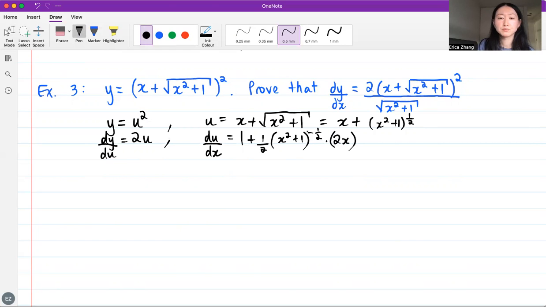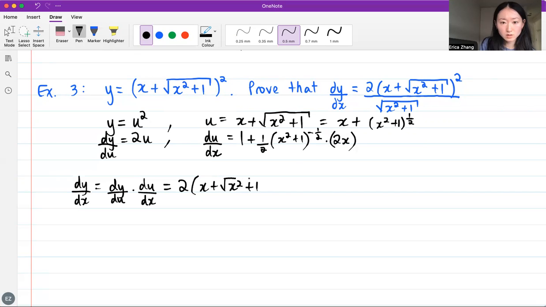Okay, so let's write down our results. dy/dx is dy/du times du/dx. So we have 2u, and let's just write down what u was. x plus square root of x squared plus 1, multiplied by this messy expression, which I will rewrite as 1 plus.